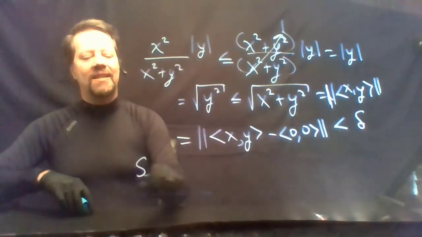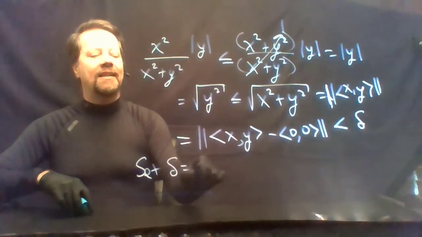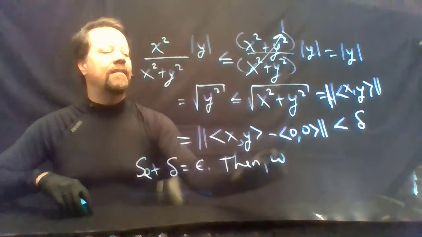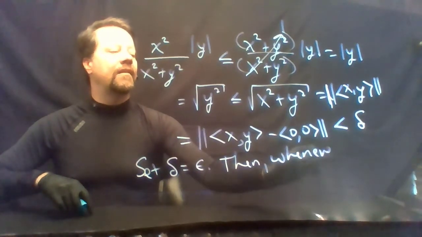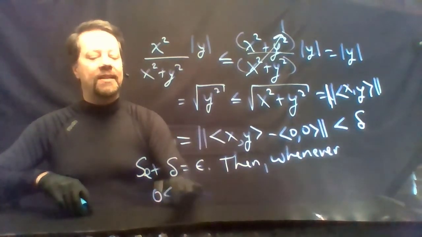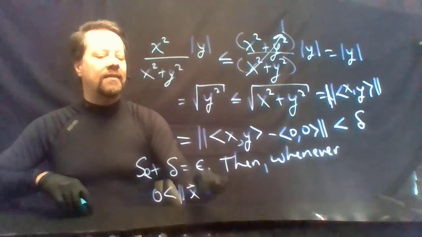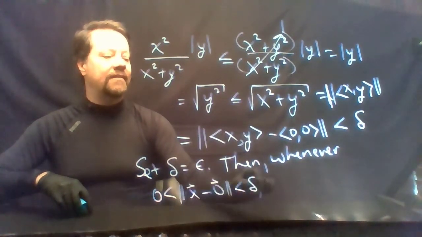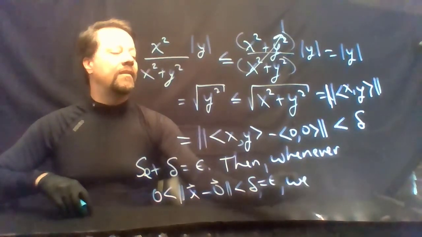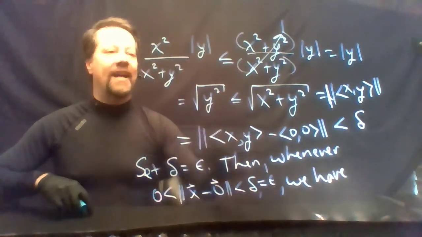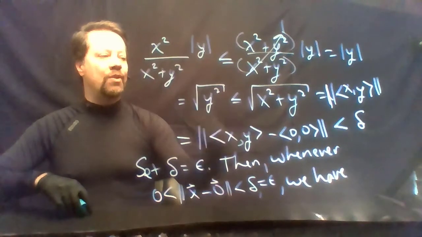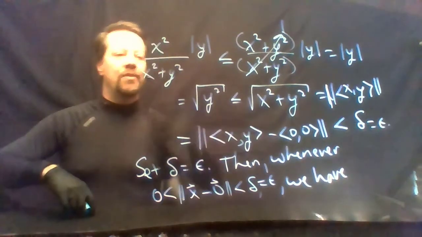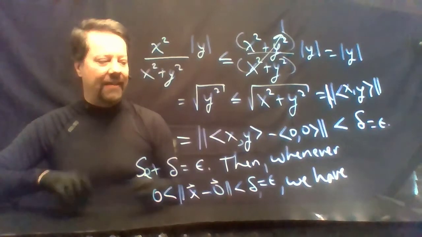So why don't we set delta equal to epsilon? Then, whenever 0 is less than the norm of x minus 0 is less than delta equals epsilon, we have the function value is no more than epsilon away from the limiting value.